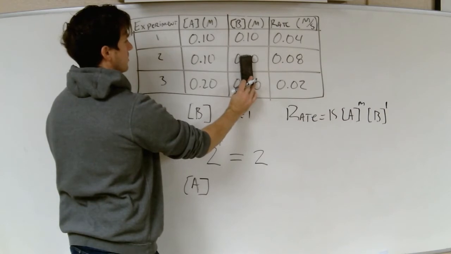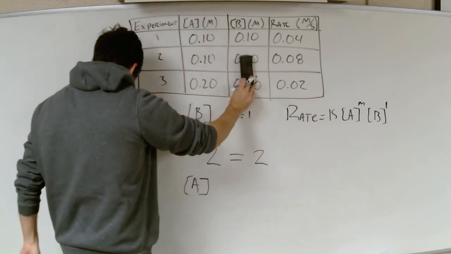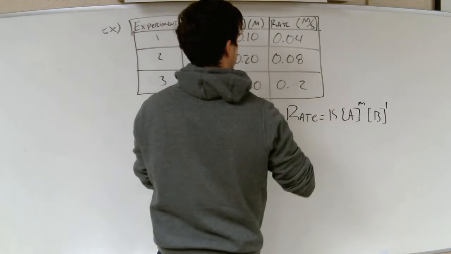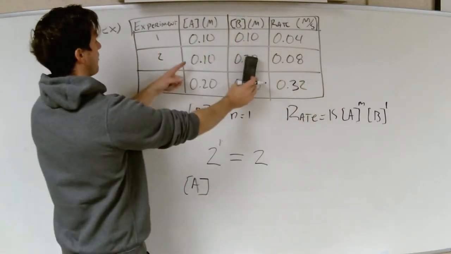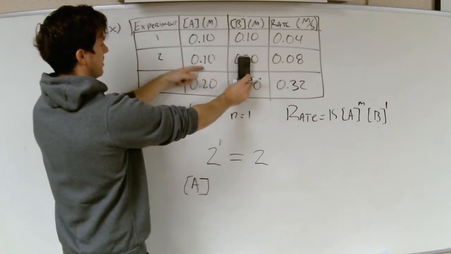So once again, I'm covering that up and I'm looking at my concentrations. It looks like from 0.10 to 0.20, sorry, this should be 3.2. Sorry, that should be 3.2. So it looks like from experiment 2 to experiment 3, my concentration doubled.